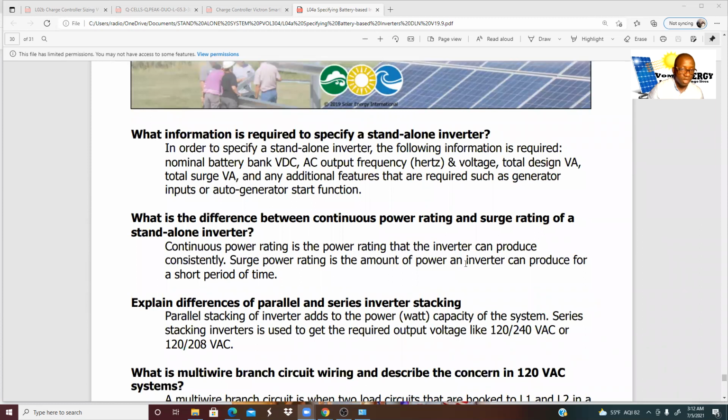What information is required to specify a standalone inverter? In order to specify a standalone inverter, the following information is required: the nominal battery bank voltage, the AC output frequency in hertz and the voltage, total design VA, total surge VA, and any additional features that are required, such as the generator input or auto generator start functions.